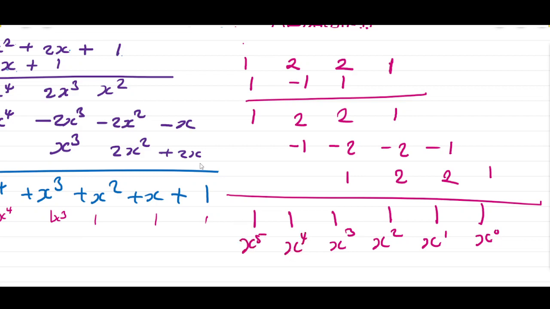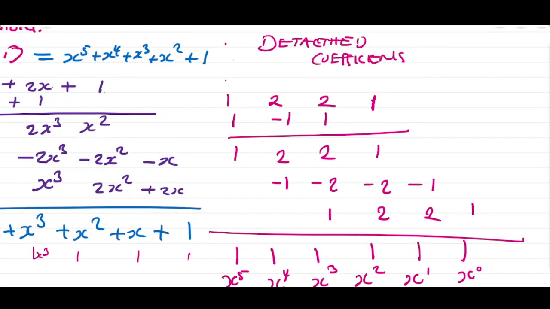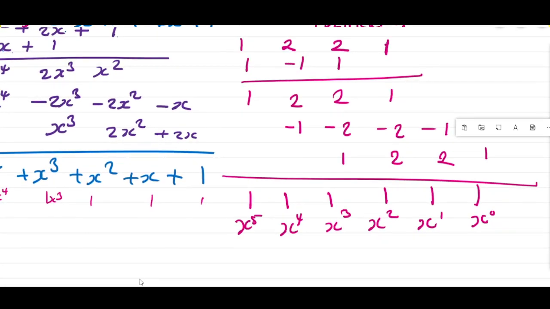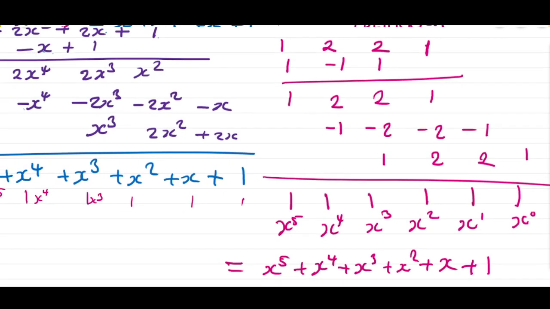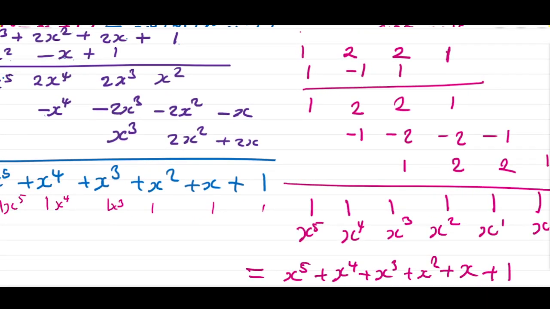So after the arrangement has been done, you see that this product should be equal to x to the fifth power plus x to the fourth power plus x to the third power plus x to the second power plus x plus 1, because x to the 0 power is 1, which is actually the same thing we got. So looking at these two methods, let me shrink the board.